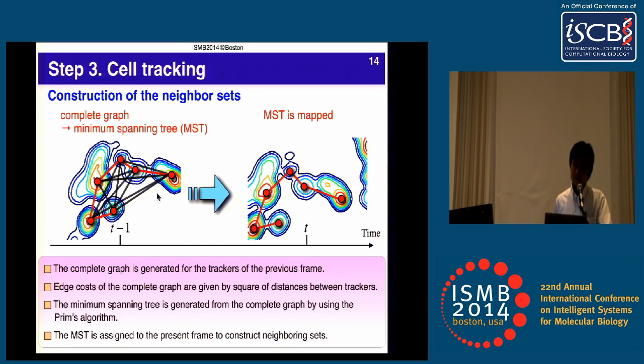And a tree structure is given as a minimum spanning tree, as shown in red here, from the complete graph. For finding the minimum spanning tree, we use the Prim algorithm. And so this tree has the lowest cost. Okay? And then the minimum spanning tree is assigned to the current frame, and we construct the neighboring sets.